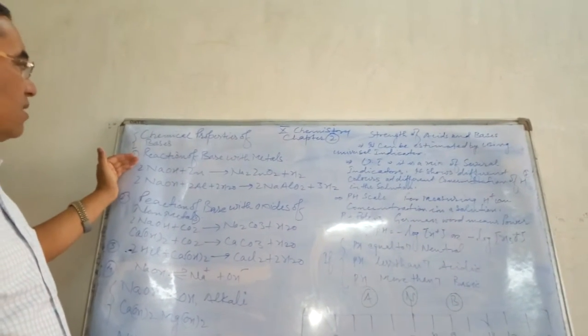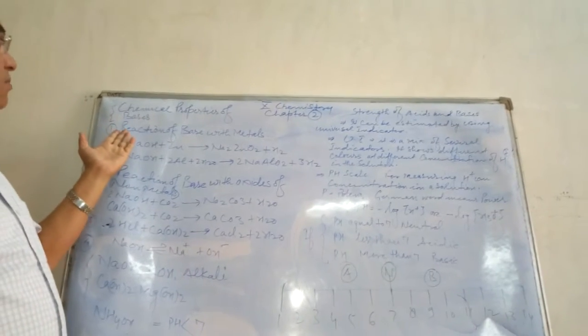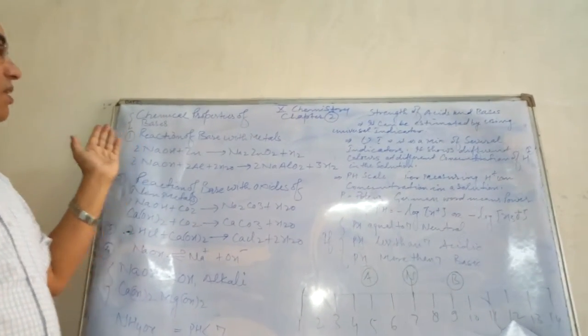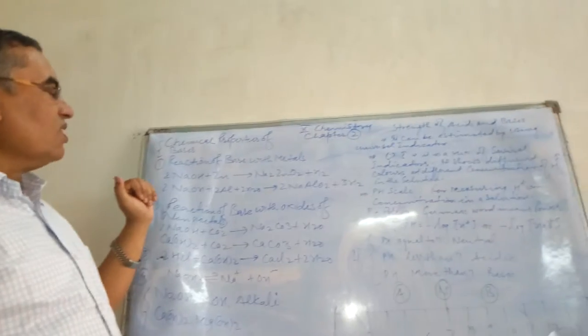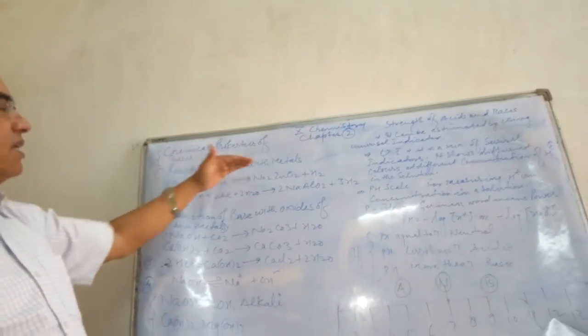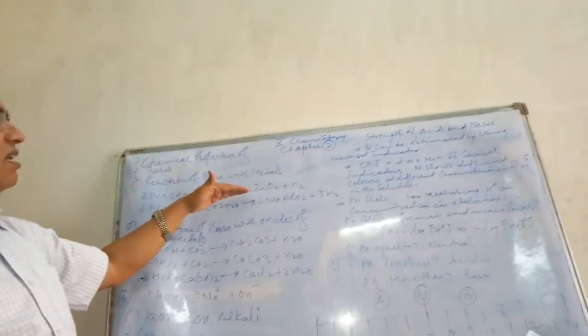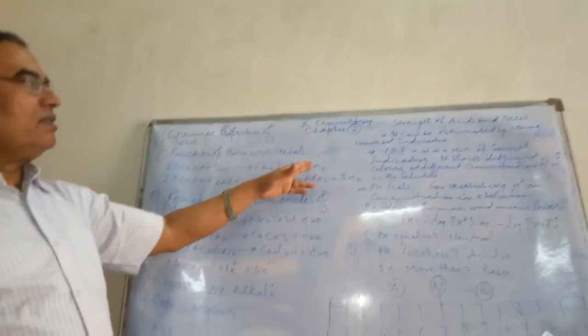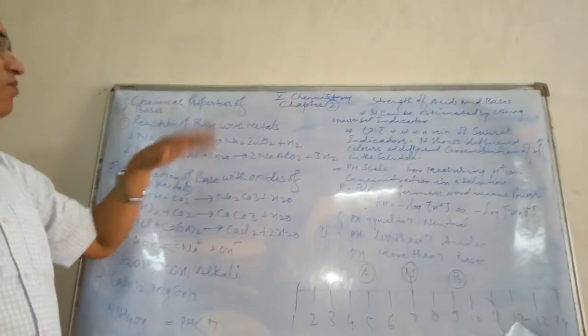The first property of bases is that they react with metals, and when they react with a metal, they provide a salt and release hydrogen gas.